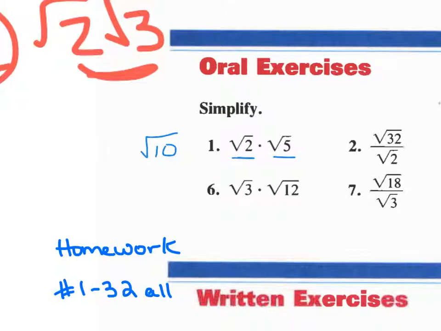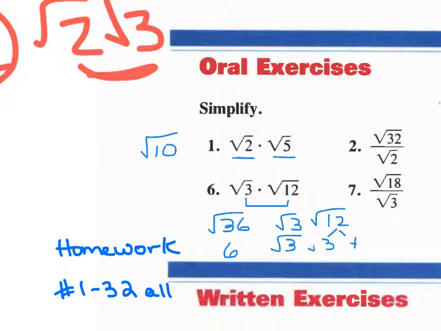Now, on this one, you can either decide, I'm going to multiply 3 times 12. And this one's easy, it's small enough. And then the square root of 36 is 6. Now again, if you realize that you'd rather factor them first, you can also do that. 3 times 4. And then the 4 becomes 2 times 2, or pair 2s, pair 3s.